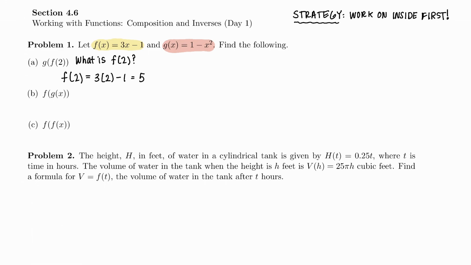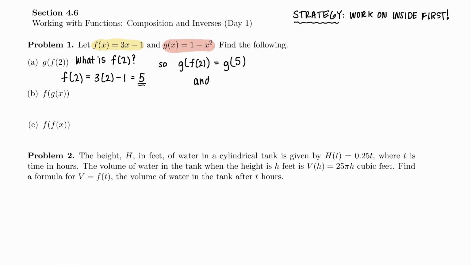Okay, so when I look at g of f of 2, I know what f of 2 is. We just saw that it's 5, right? So g of f of 2 is going to be equal to g of 5. And I know what that means, right? I just plug in a 5 everywhere where I see an x in g of x.